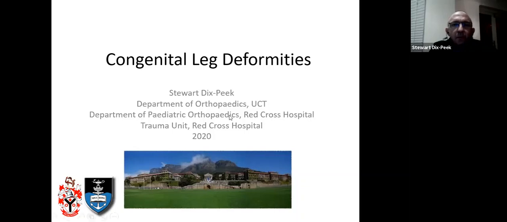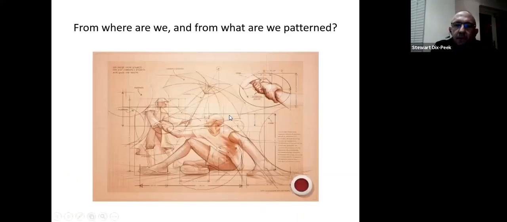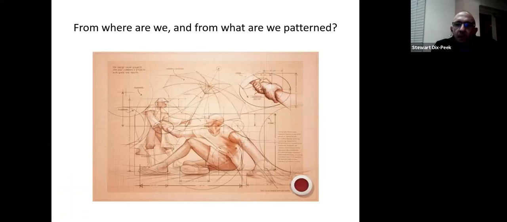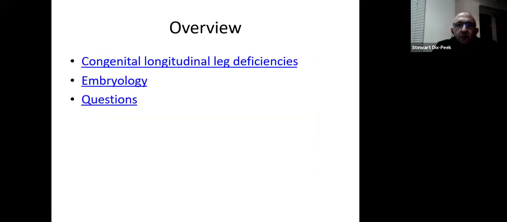Actually, the talk on congenital leg deformities is fairly, it's not too involved. But I think behind it is something more important: a little bit about embryology, which paints the scene for how congenital anomalies occur, and why there are differences perhaps between upper limbs and lower limbs.